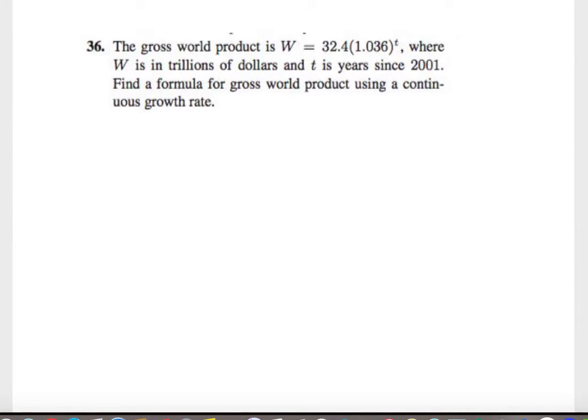Question 36 says, now we're starting with a different function. This time it's w in terms of t. So we have 32.4 times 1.036 raised to the t. And we want to find a formula using continuous growth rate again. So k is equal to ln of a, which is equal to ln of 1.036.